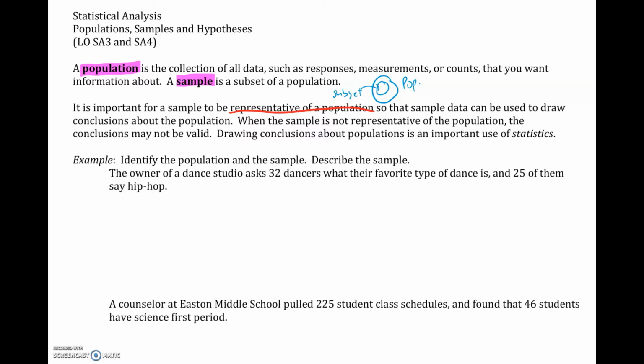So when the sample is not representative, the conclusions are not going to be valid. So if you think about, let's say you want to do a survey of all the students at school, and you're saying, okay, well, I'm just going to survey the 9th graders and say that's everyone's opinion, but then you've alienated the 10th, 11th, and 12th graders. So only the 9th graders would not represent the entire population of the entire high school.